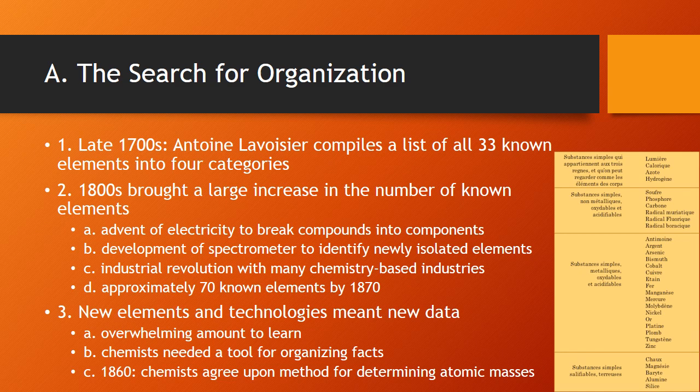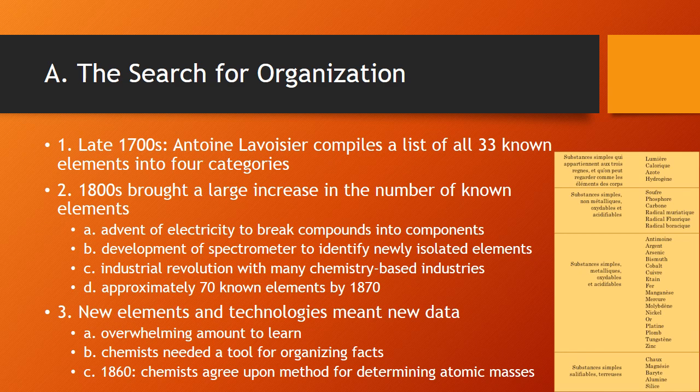One of the things that led to our ability to organize these facts was the fact that in 1860, chemists in Europe mostly agreed upon one method for determining the atomic masses of elements. Now, these atomic masses would not be the same thing that we know today as atomic mass, but it was a very similar thing and a precursor to what we now know as atomic mass.